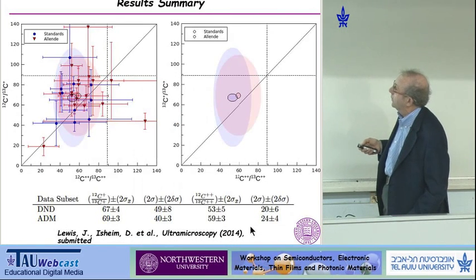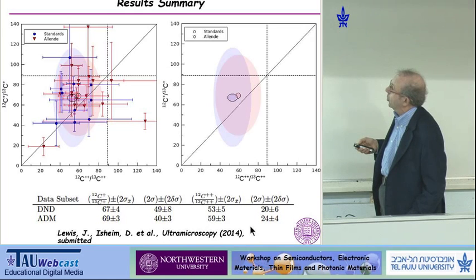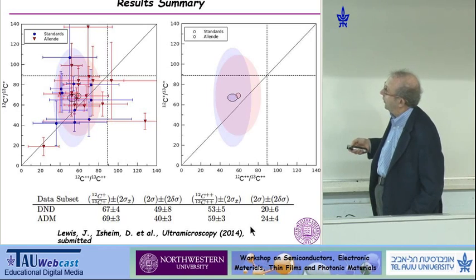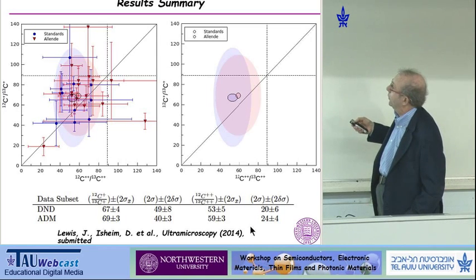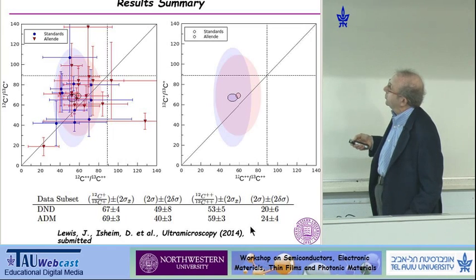So here's a plot, and this plot is the ratio of carbon-12 to carbon-13 in the singly charged state, and here it is in the doubly charged state. And in principle, they should be the same. This is a line at 45 degrees, but they're not. It tends to favor singly charged as opposed to doubly charged.